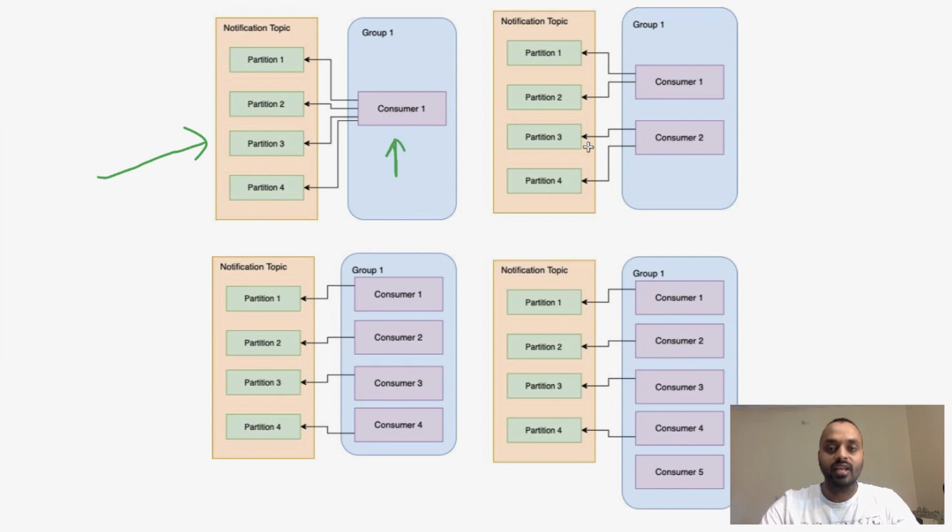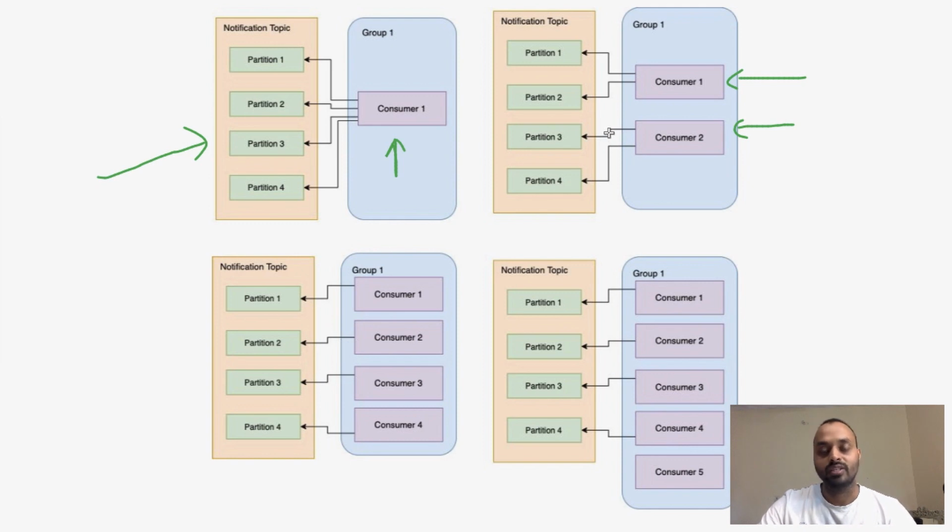For scaling, we can add two consumers, and these partitions will be divided between them. Kafka will automatically rebalance these partitions. Let's say consumer 1 is reading from partition 1 and partition 2, and consumer 2 is reading from partition 3 and 4. This can be the case.